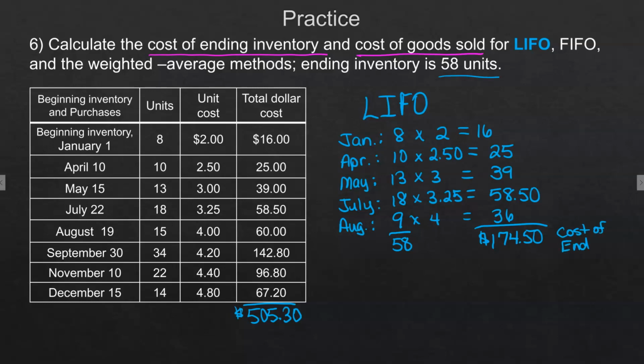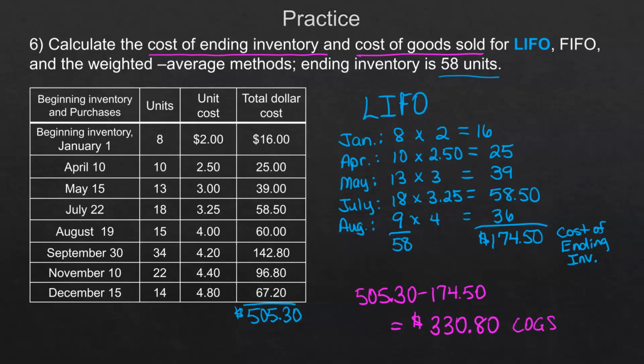And then cost of goods sold will simply be 505.30 minus 174.50, so 330.80. So cost of ending inventory, cost of goods sold, and those are the two answers that we needed.